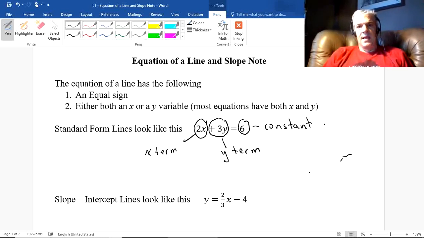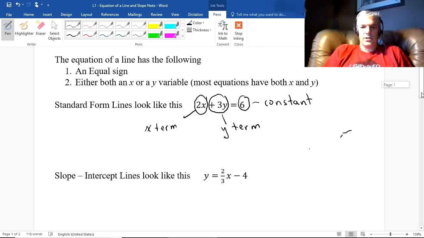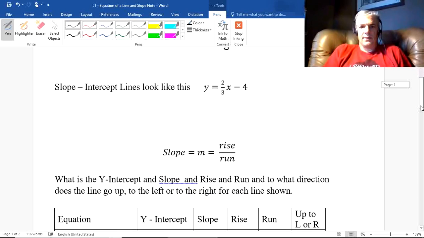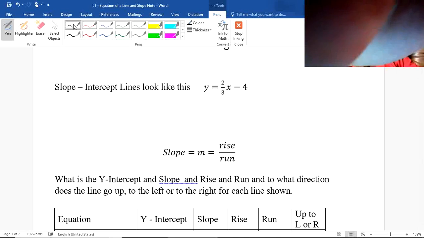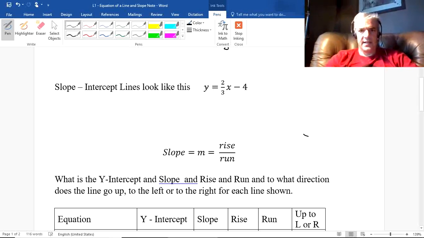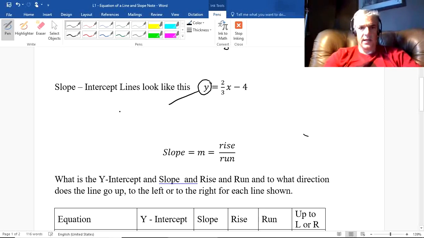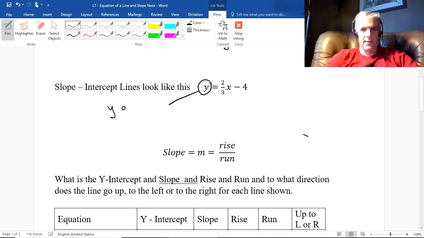And so mathematicians quickly realized that one of the ways we can deal with equations much better is to put it into what's known as slope-intercept form. I'm going to show you a slope-intercept form here and tell you some very specific details about it. First of all, the y term is always on the left, and it is always by itself.